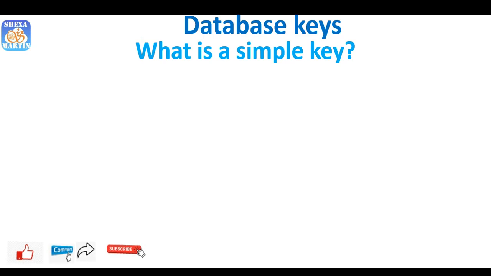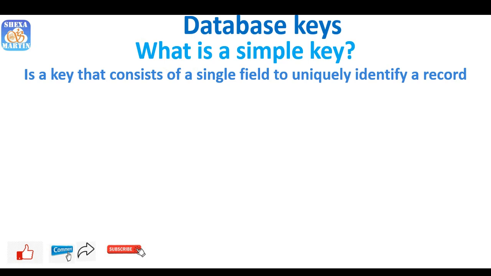So a simple key, among all the keys that we have defined earlier, that is the primary, secondary, and foreign, they may comprise of one or more columns. But a simple key consists of a single field to uniquely identify a record in its parent relation, that is the table.